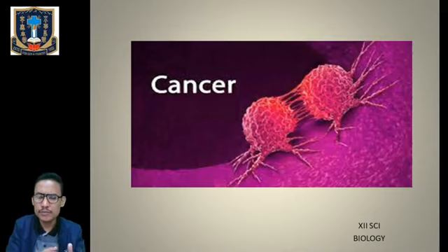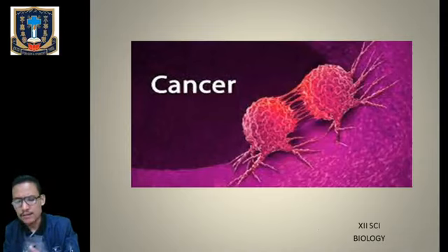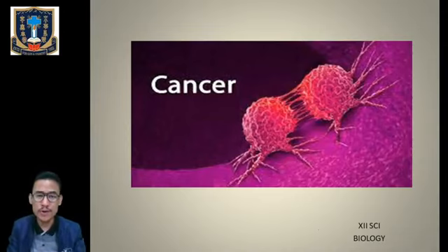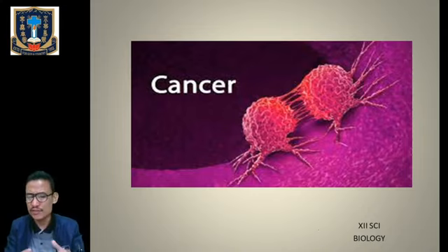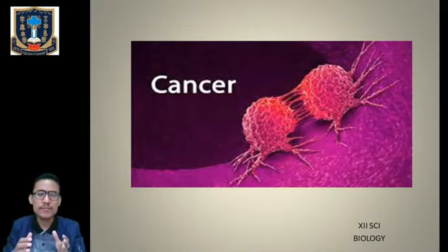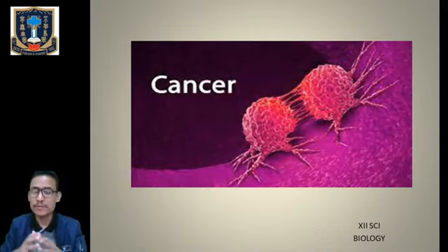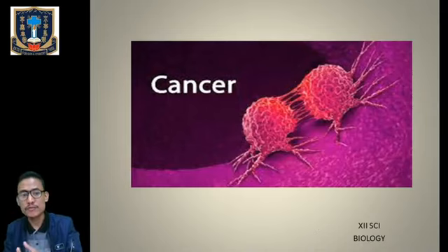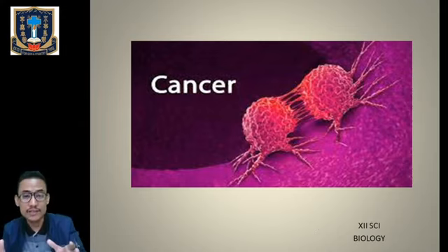In class 11 we have learned about the cell cycle and the cell divisions. While doing the cell cycle, we have learned that we have different checkpoints in between the G1 phase, S phase, and G2 phase, which try to see whether the cell has completed all the criteria of the previous phase or not. If the cell is going from G1 phase to the S phase, then whatever criteria or conditions the cell has to fulfill in the G1 phase have to be done.